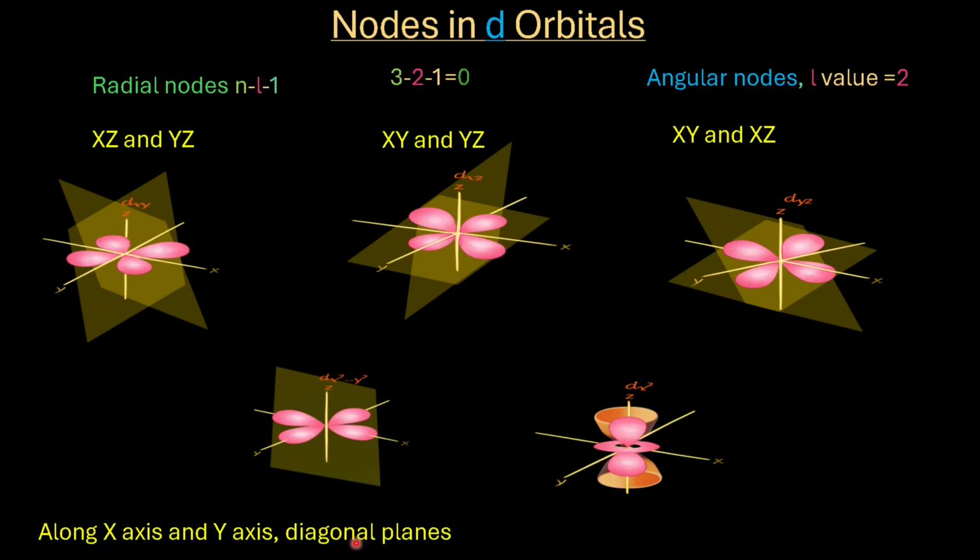And for the fifth one, you can see cone shapes, isn't it? These cone shapes are nodal cones. So in this cone shaped region, psi square is 0, or the probability of finding the electron is 0. So two nodal cones along the z-axis and xy plane. So these are the various angular nodes for each of these orientations.